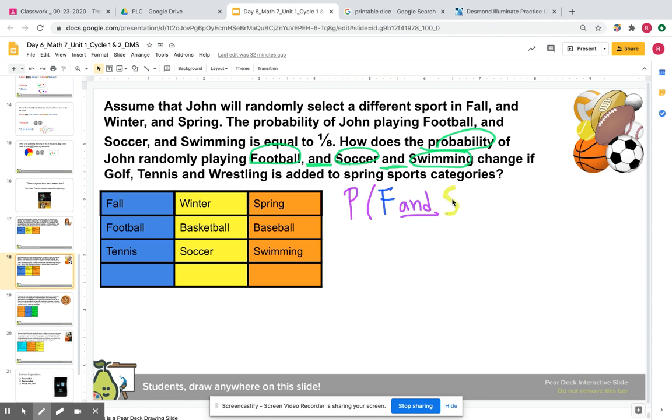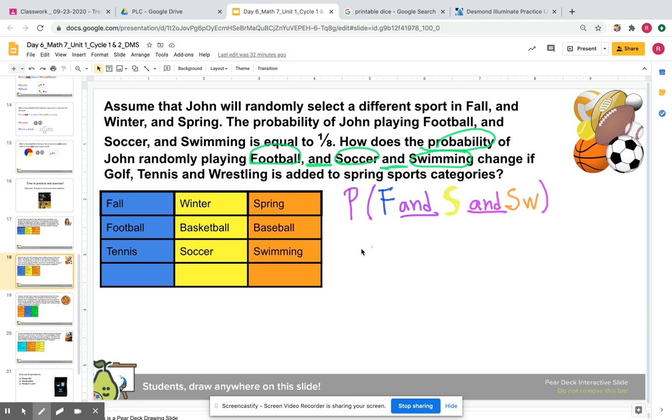And also, let's not forget, we're finding the probability of playing swimming in spring. So let me use orange on that one, SW for swimming, because I don't want to confuse it with the other S. And that's all encased within that probability.